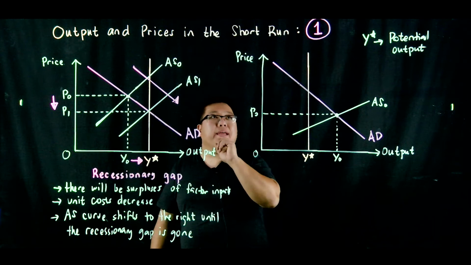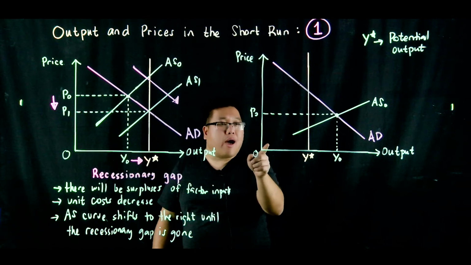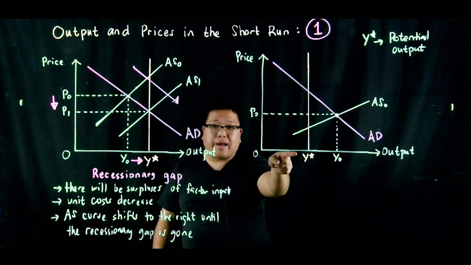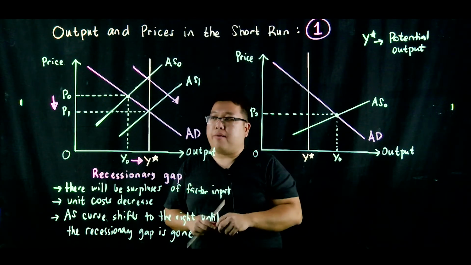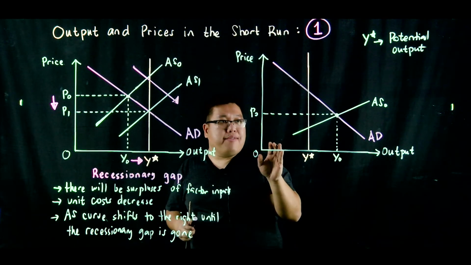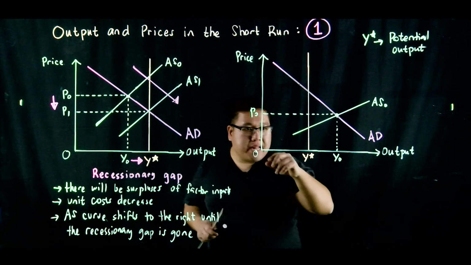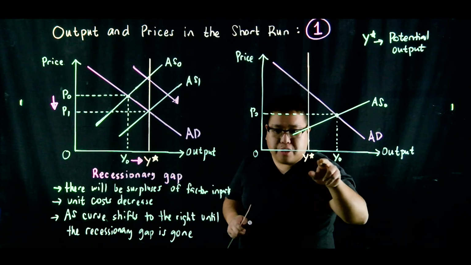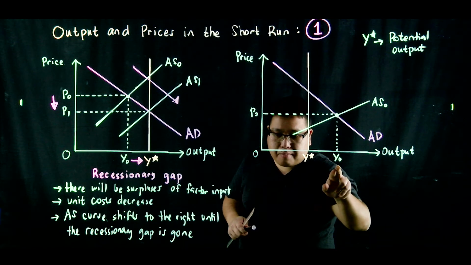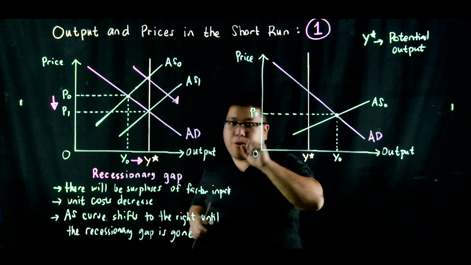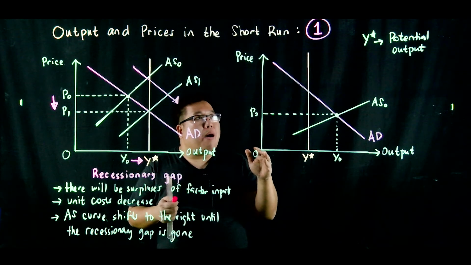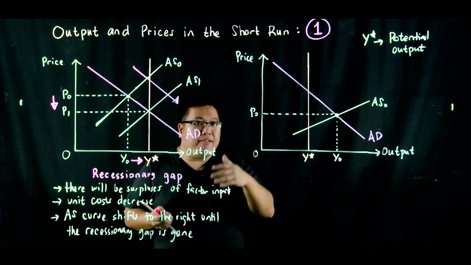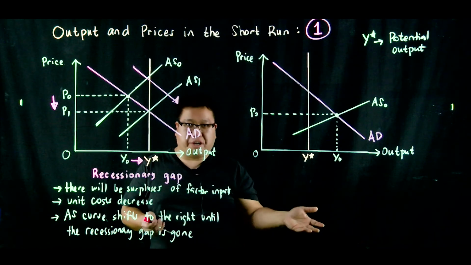But what about if our Y star is to the left of Y0, just like right here in this side? So what's going on here? Well, when this happens, the economy is using resources possibly more than its capacity. So for instance, the economy might be employing workers, and these workers are doing multiple shifts.